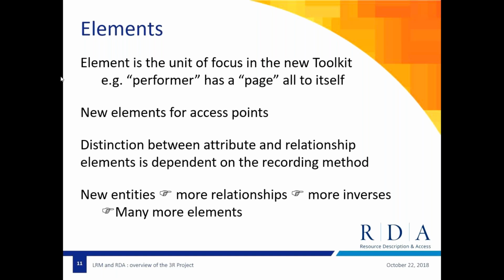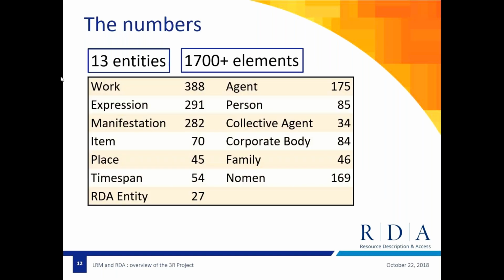And the upshot of all of this is that there are many more elements in RDA than before, and don't all fall over. So we now have 13 entities, they're listed here, but we have well over 1,700 elements which variously describe aspects and relationships of those entities.